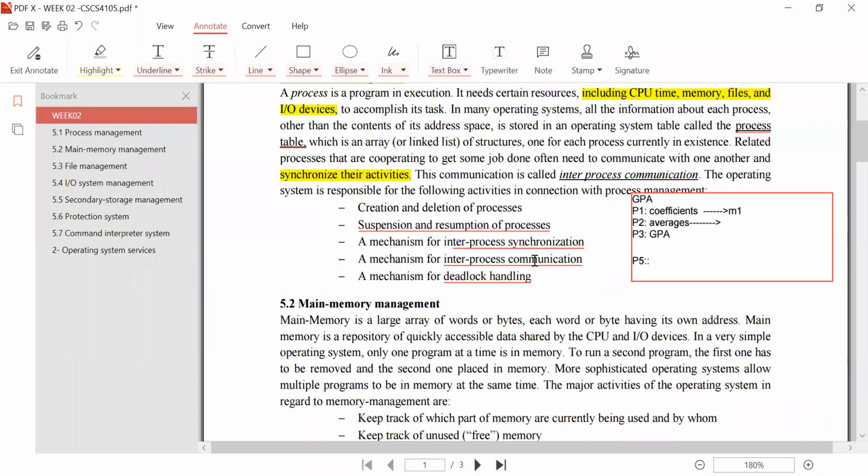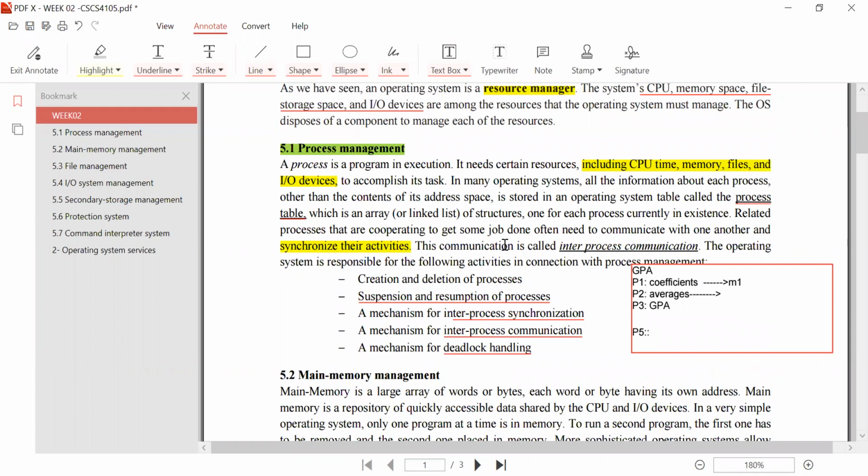Okay, so that is basically, globally, what the operating system does in terms of process management.